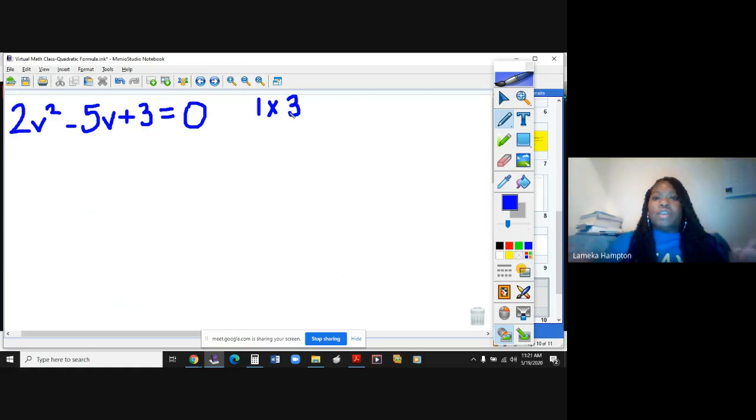Those are the only factors that, if I multiply them together, would give me 3. Now, my second step tells me that I have to add the numbers together to get the second term. The problem is 1 plus 3 does not give me a negative 5.